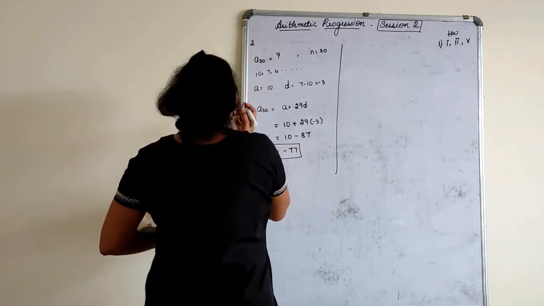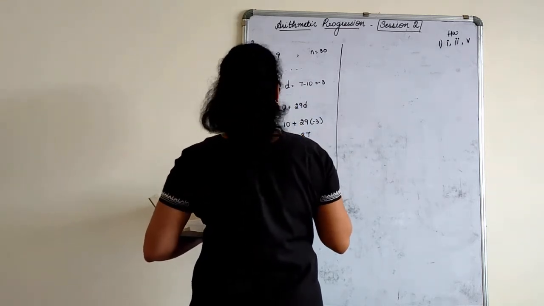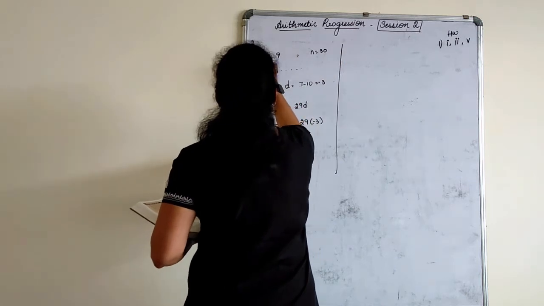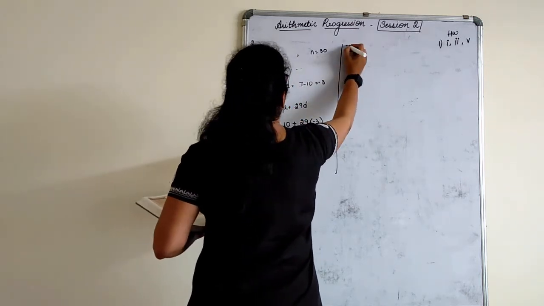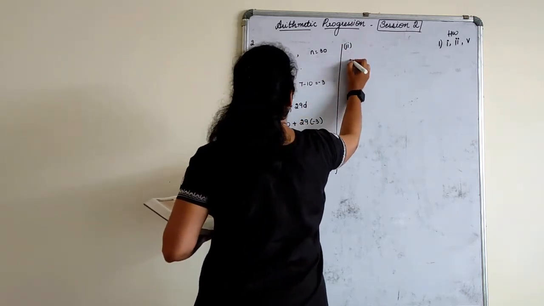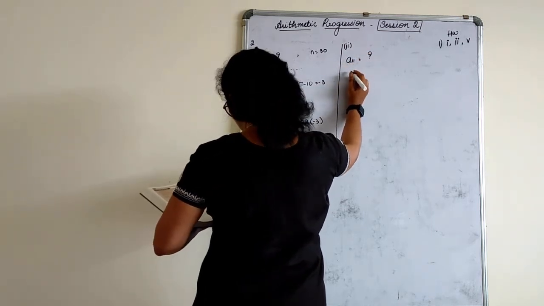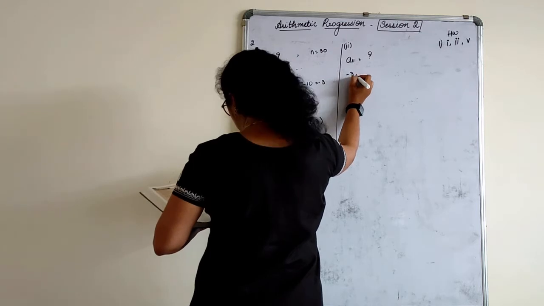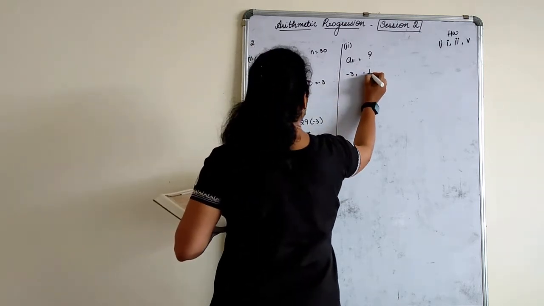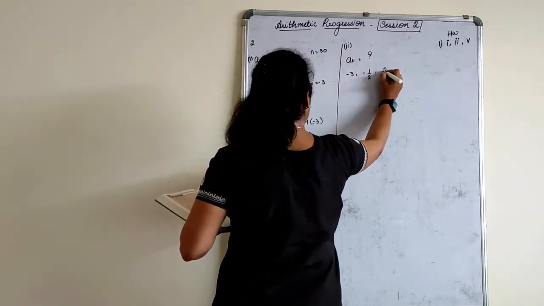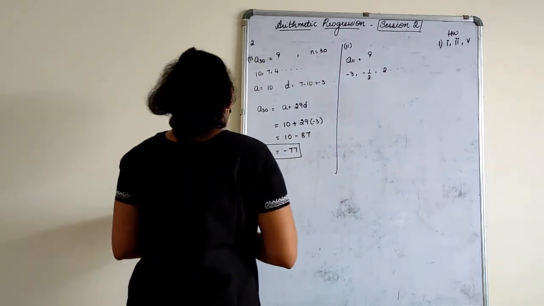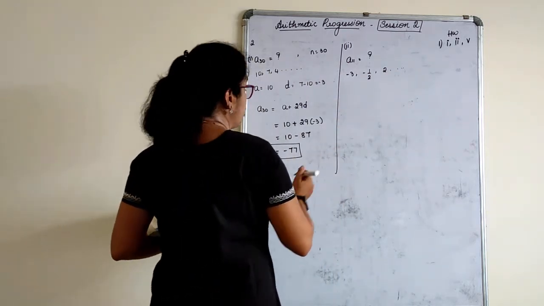The next one, what they have given, find the 11th term of the AP. So this is second main, second one. So A11 is equal to question mark. What is the AP, children? The given AP is minus 3, minus 1 by 2 and 2. Right? So first of all, here in the second one, find the common difference.